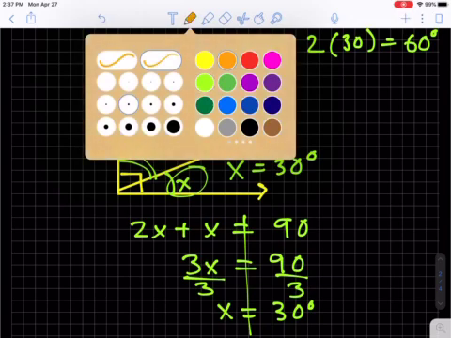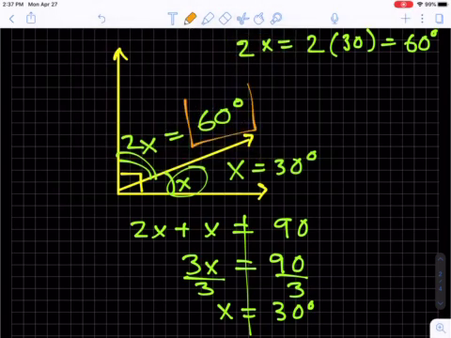And at that point, we have our answers and we've solved the problem. So basically, if you can just remember that two angles that add up to make a right angle are called complementary, they're complements of one another and they add up to 90 degrees, you are in good shape.